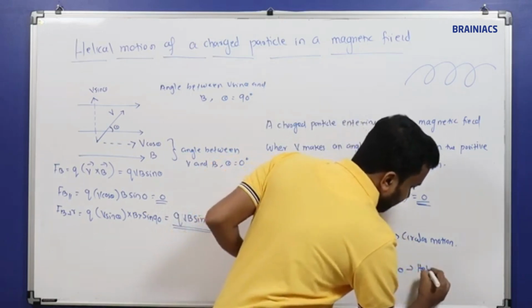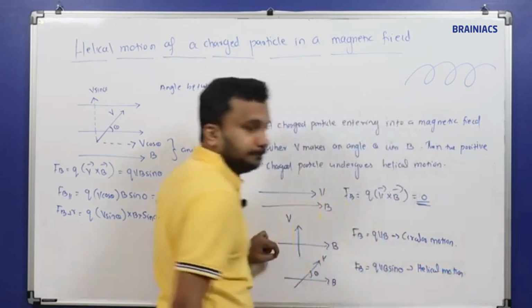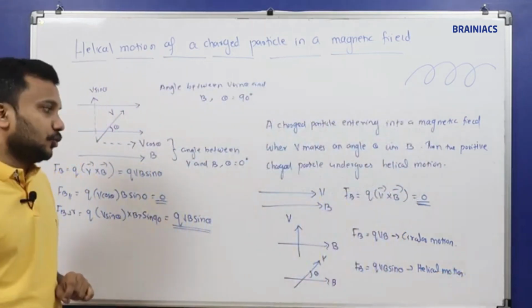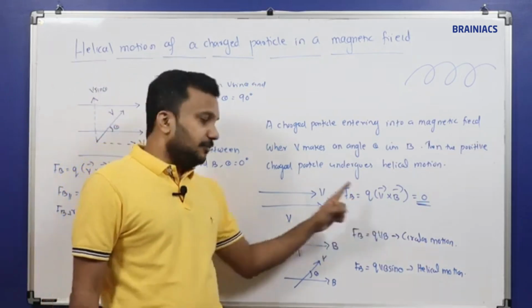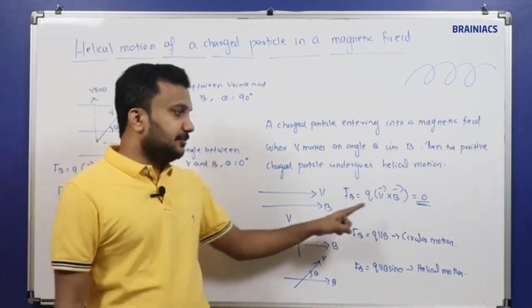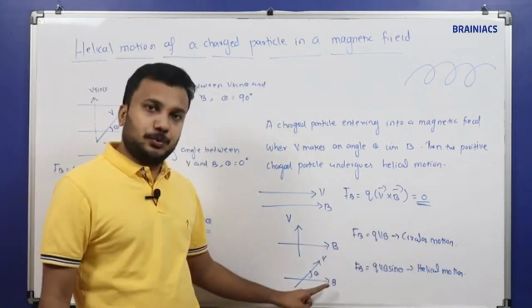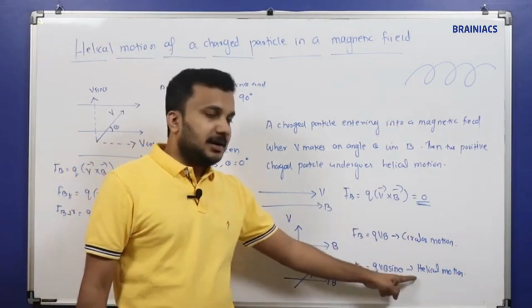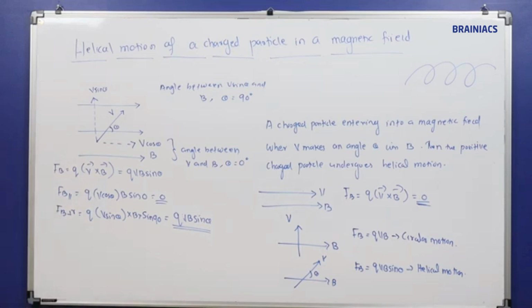It is called helical motion. Okay, so hope this is clear. When velocity is parallel to the magnetic field, no force. When velocity is perpendicular to the magnetic field, circular motion. When velocity makes an angle theta with respect to the magnetic field, then it will undergo helical motion. This is what we have seen.